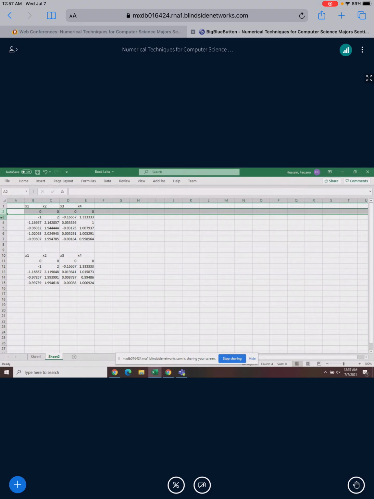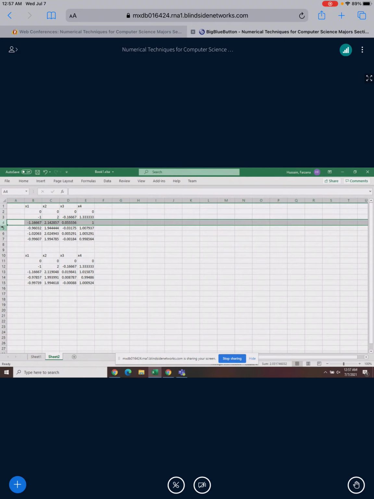Then we use these values to calculate the next values. The next step is giving us negative 1, 2, negative 0.16667, 1.333, and then we use these values to calculate the next step and keep going.